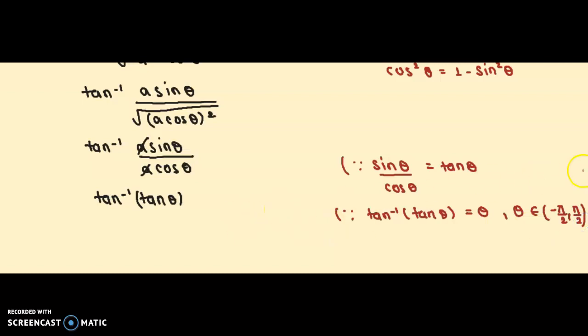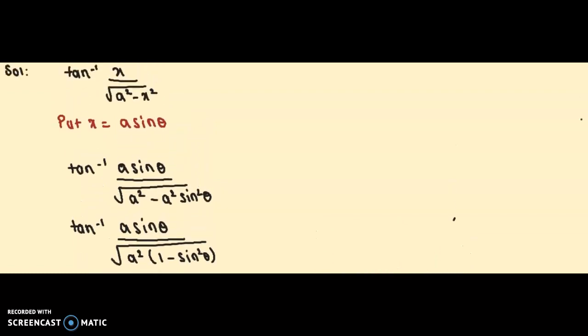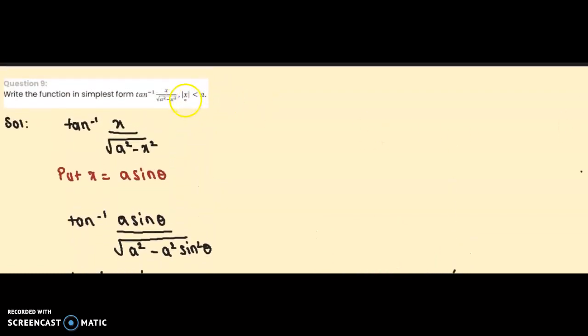Here we are given a condition, as you can see in the question, that mod of x is strictly less than a. Let us first understand what mod of x strictly less than a means. If mod of x is strictly less than a, then x lies between negative a and a.